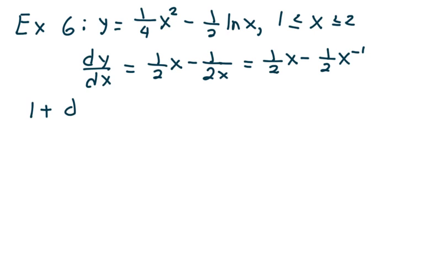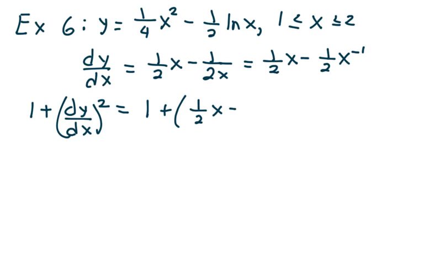And so on this line, I'm going to take 1 plus dy/dx squared. It's the same pattern. You're going to basically take 1/2 x minus 1/2 x to the negative 1 and square it, and add 1.